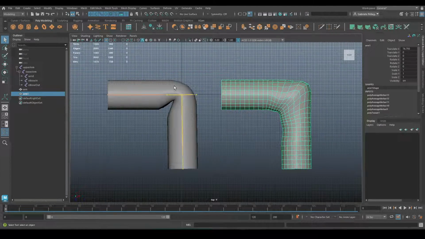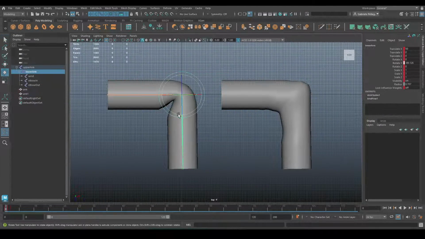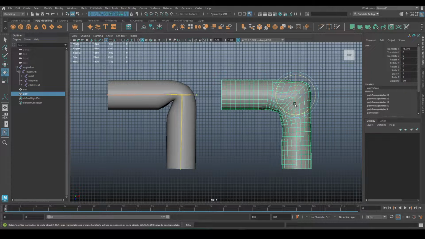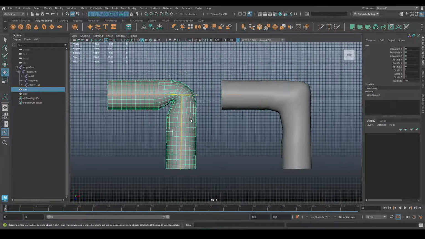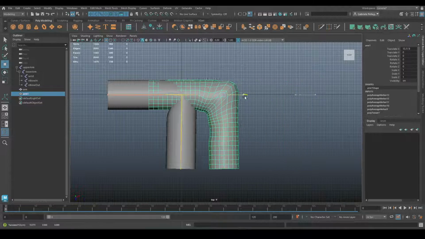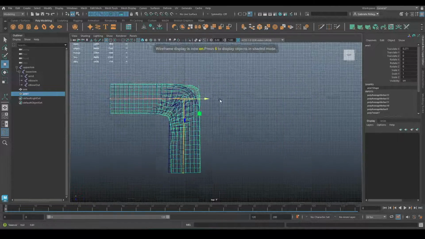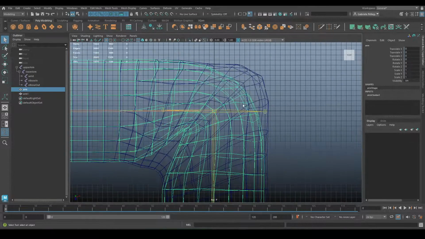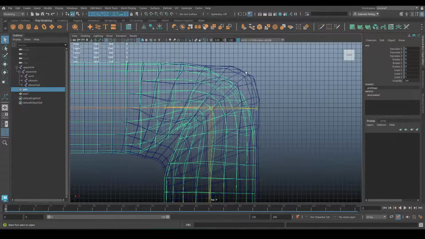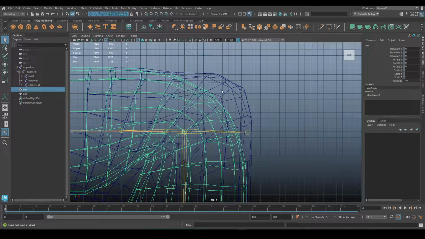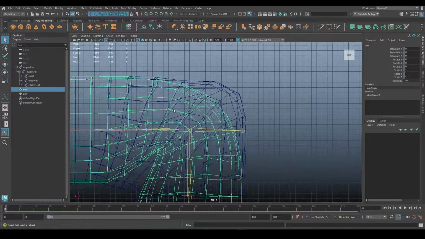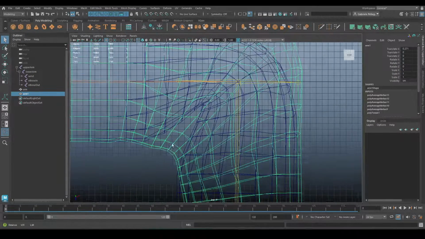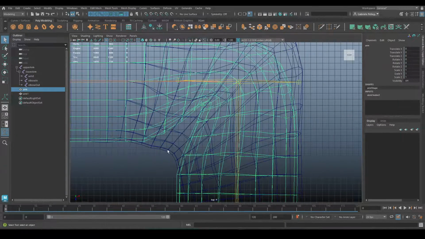This is a morph target. I can apply to that and say every time this guy rotates, I want this to be triggered. Cool. Now let's see what happens when I move this on top of the mesh. You can see that the difference between the origin mesh, or the starting point from which this blend shape should be triggered, is quite high. This amount of displacement is high, especially on the corner here, from this position to this position.